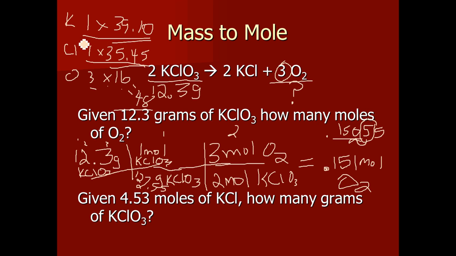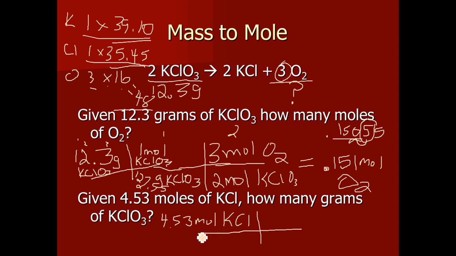Okay? So let's go ahead and we're going to try the second one. Okay, so given 4.53 moles of KCl, how many grams of KClO3? Okay, so I know that I have 4.53 moles KCl.